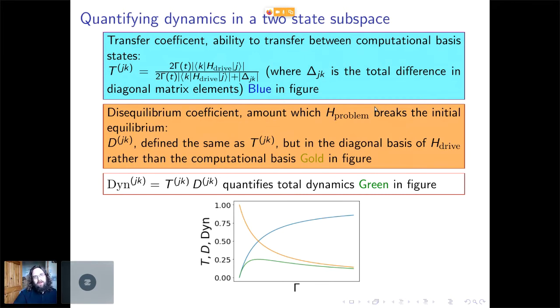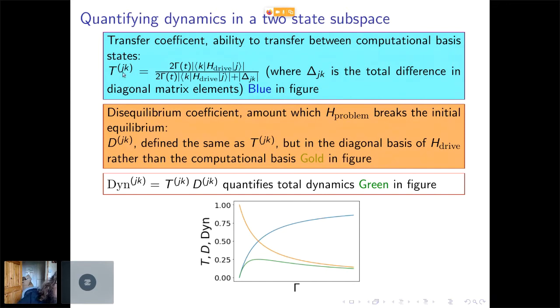This is, again, in the archive paper I gave a reference to a few slides ago. But you want to balance that against how much you're actually seeing these phases that come with each bit string. And so here we have defined what I've called the disequilibrium coefficient, which is how much you've broken the initial equilibrium.